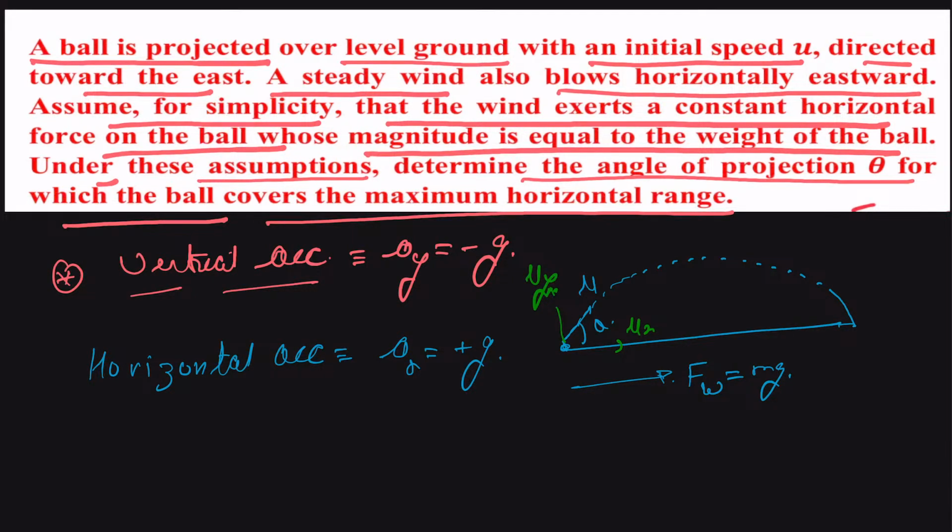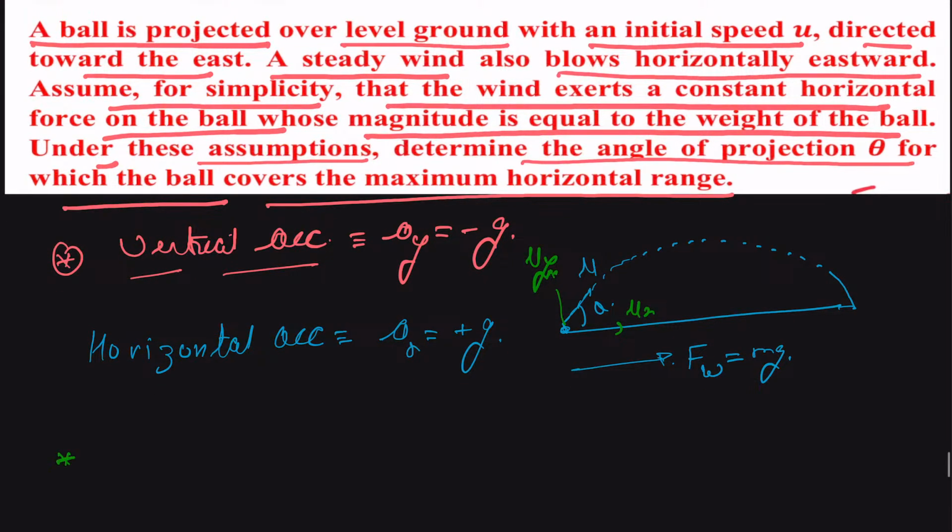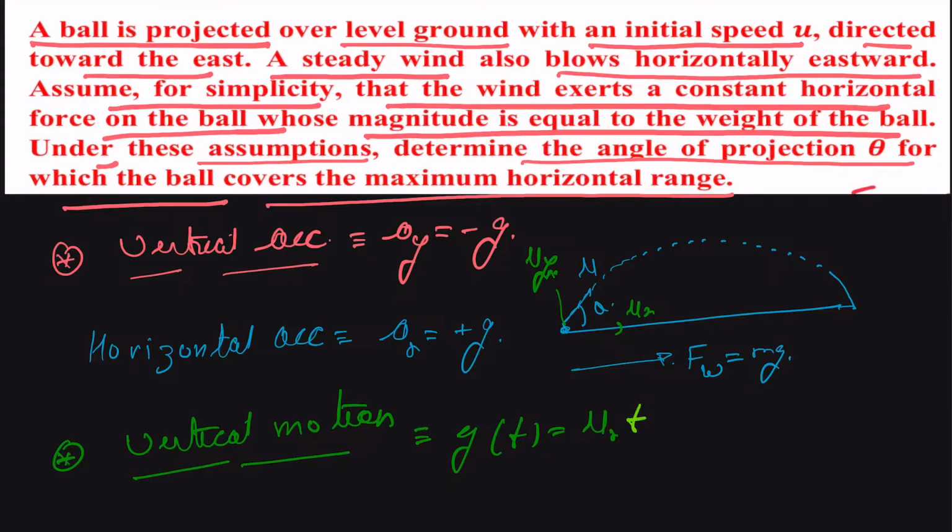So once again we are going to take both motions. So we can say we are having our vertical motion. And for this vertical motion, we can write a general equation, that is our y of t is equal to u of y times t minus half g t square, and it lands back to the same level. So the value of y of t is equal to 0.